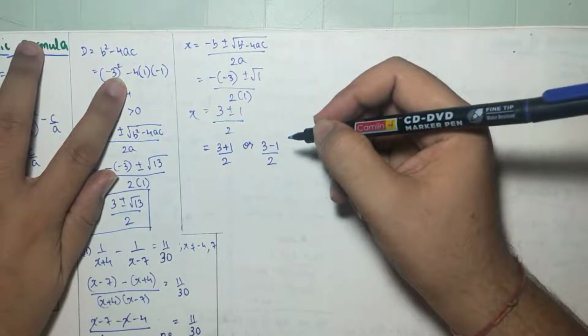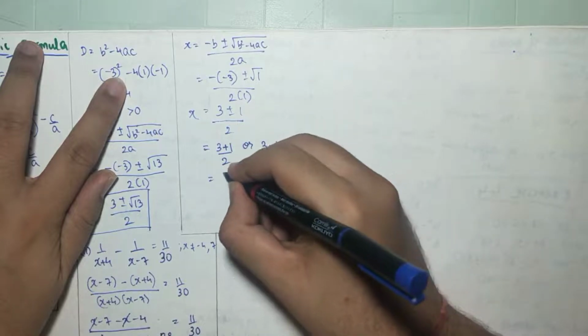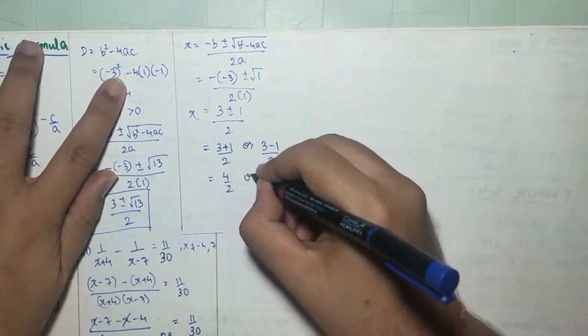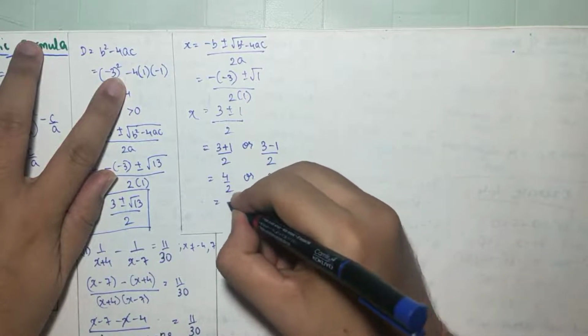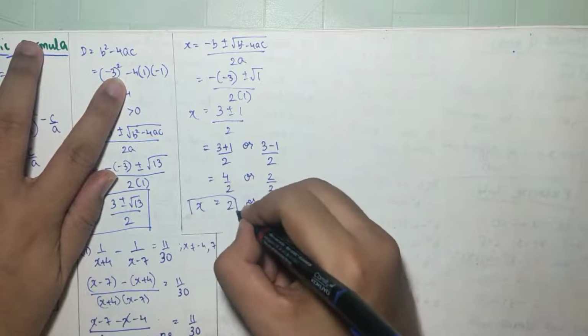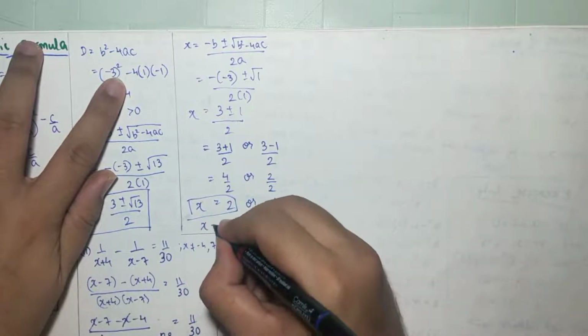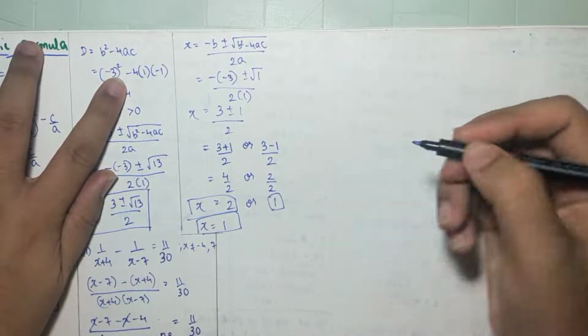Both the conditions have to be taken to find the two different roots. 3 plus 1 will become 4 upon 2 or 3 minus 1 will become 2 upon 2. This will become 2 or this will become 1. So the two zeros are x equals to 2 or x equals to 1.